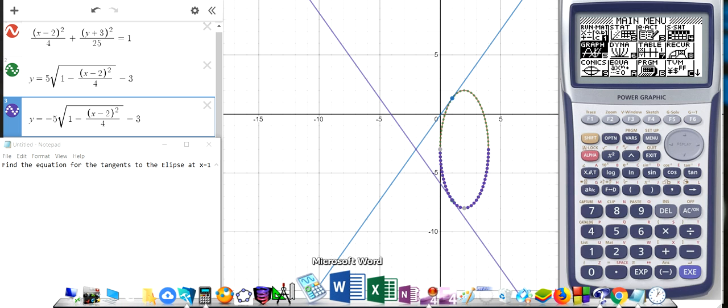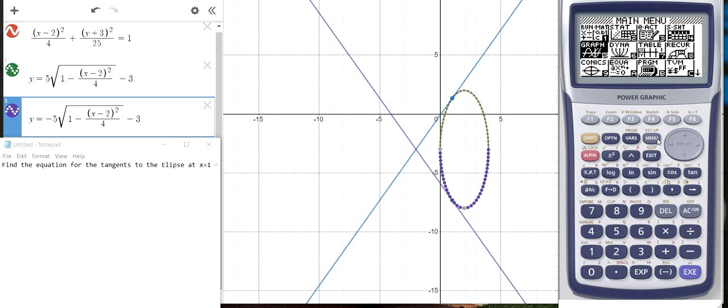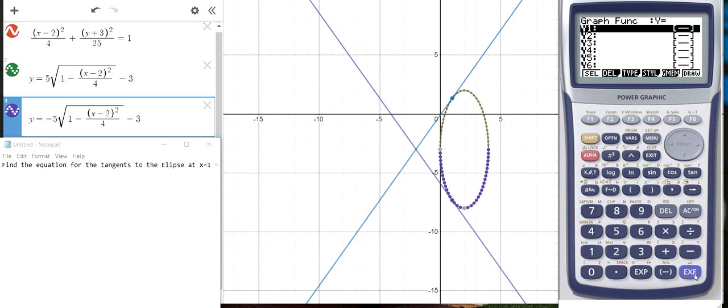So the next thing I need to do is go into graphs and enter the top equation, which is going to be 5 square root, and because I want to take the square root of a whole expression, I need to write some parentheses.